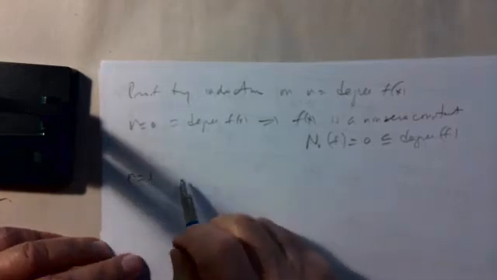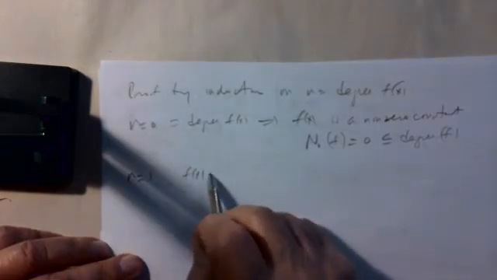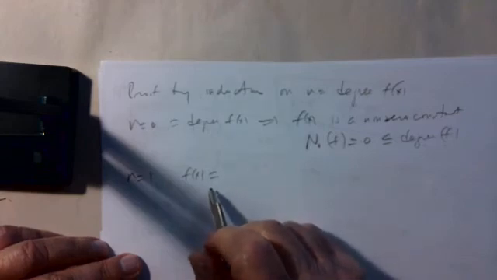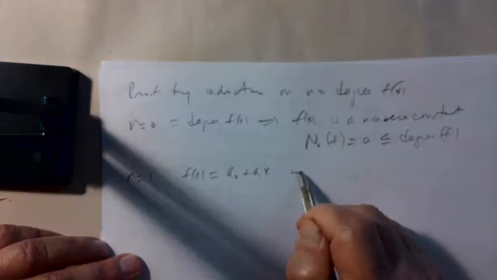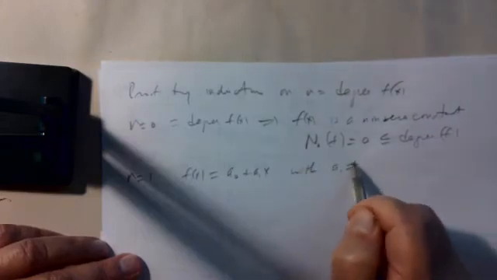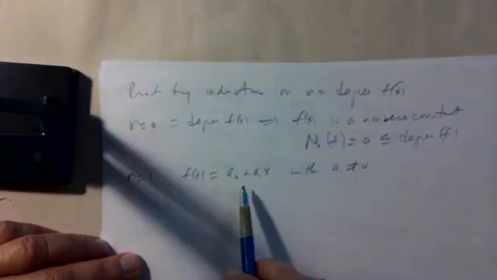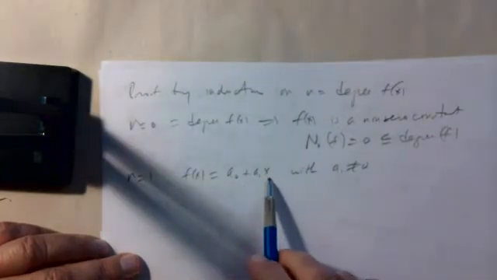If n is 1, that means f of x is linear. F of x is a polynomial. We can write it as a0 plus a1x, with a1 not 0, right? Every linear polynomial looks like this.